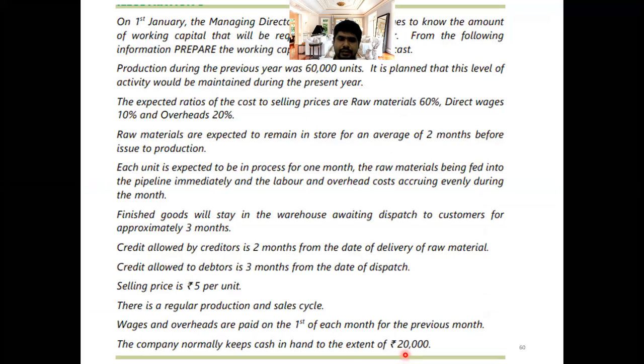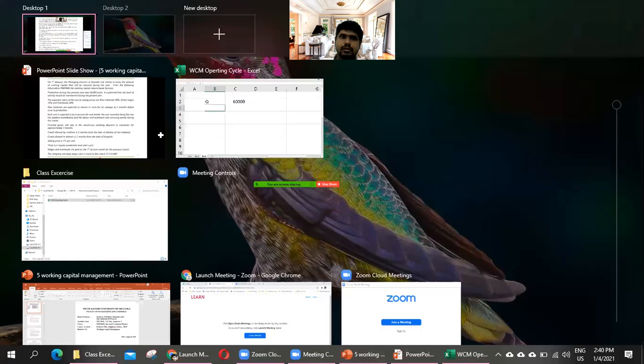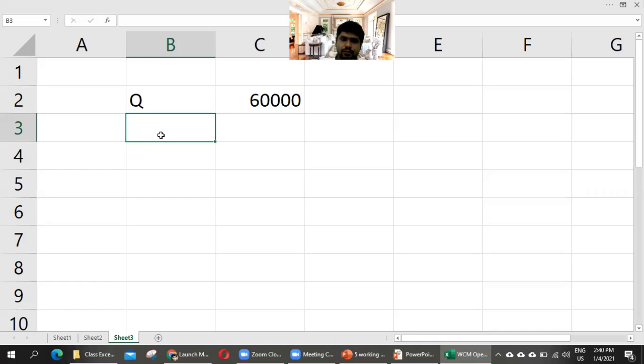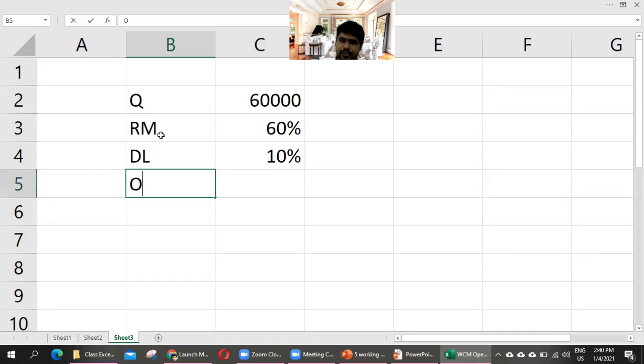overhead. So we'll take that one. Right, we want raw material cost. It's equal to 60%, and wage, direct labor, 10%, overhead it's equal to 20%.